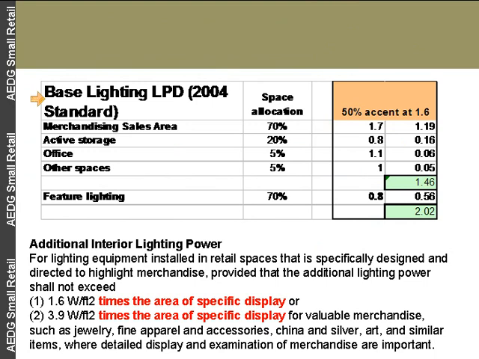In the 2004 standard, you can see in red there, a little bit got changed, and it talked about the specific display area. And this really became confusing to a lot of code officials and to designers. So in the 2007 90.1, we made a major change, and that's what we were briefly talking about before.